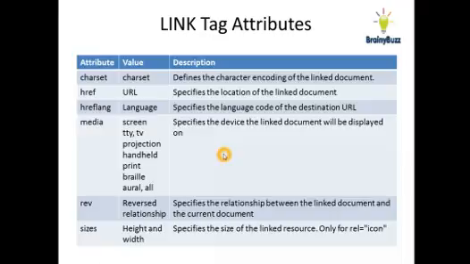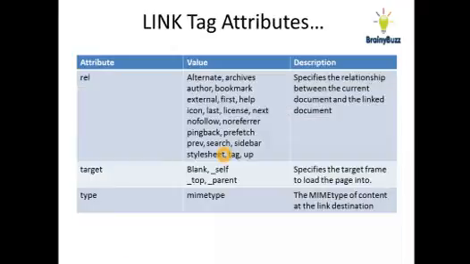Sizes is the size, height and width of the linked source document. Another is the rel attribute. It specifies the relationship between the current document and the linked document, but it has different values. The target specifies the target frame to load the page into, and the type is the MIME type of the content at the link destination.